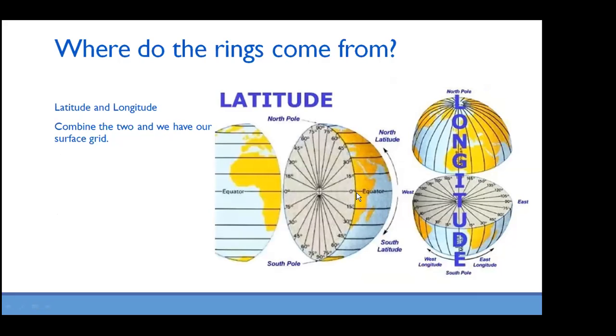Again, note that latitude is even. Longitude gets narrower and narrower, or wider and wider until you get to the equator. At the equator, the distance between latitude and longitude is even, but that's the only place on the planet where it's even.